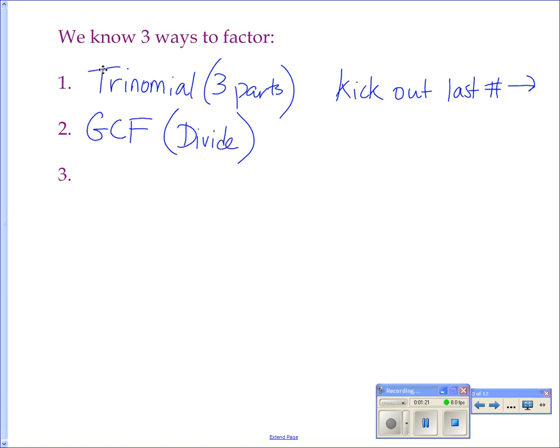And there's one more. We haven't talked about the name of it a lot. It's called difference of squares.